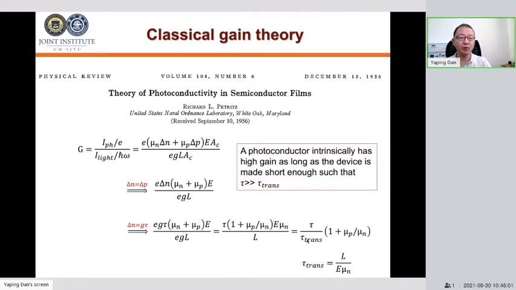That means a photoconductor intrinsically will have a high gain as long as the device is made very short, because the shorter it is, the shorter the transit time becomes. The transit time is defined as the time for an excess carrier to transport from one electrode across the semiconductor to the other electrode.